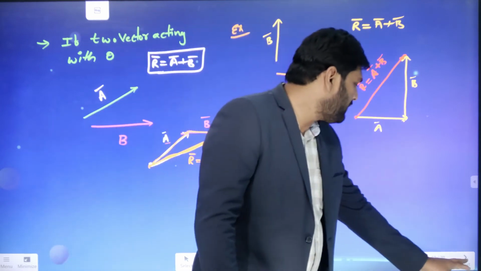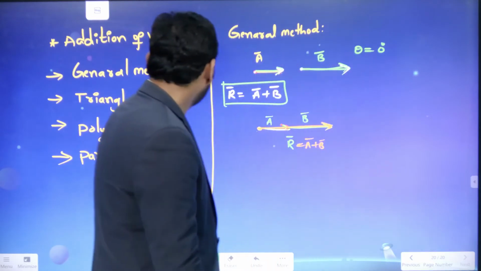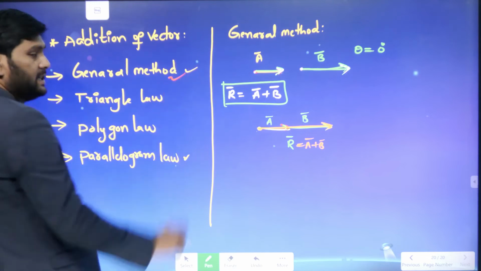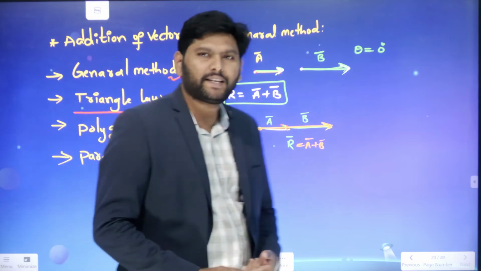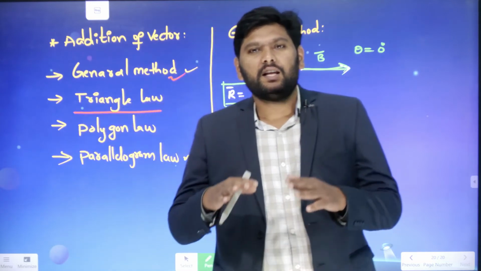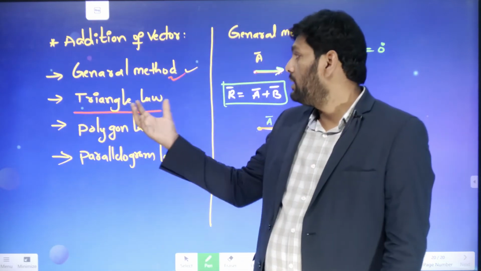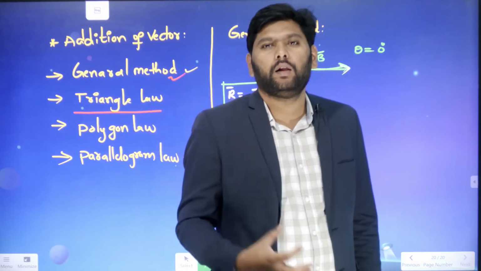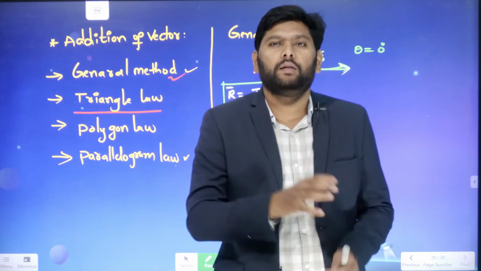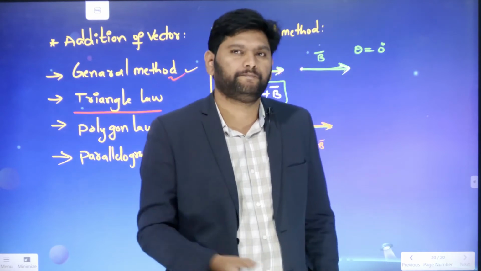Now we have one more method. What is the one more method? This is the general method we did. Now the triangle law of vector addition. The triangle law of vector addition is almost equal to the general method, but it has a statement, and with that statement we need to explain. Got it?